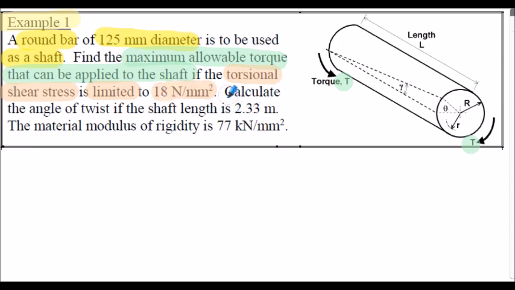We're also asked to calculate the angle of twist, symbol theta, if the shaft length is 2.33 meters. We're given for reference the material's modulus of rigidity, that's the shear modulus capital G, 77 kilonewtons per millimeter squared.